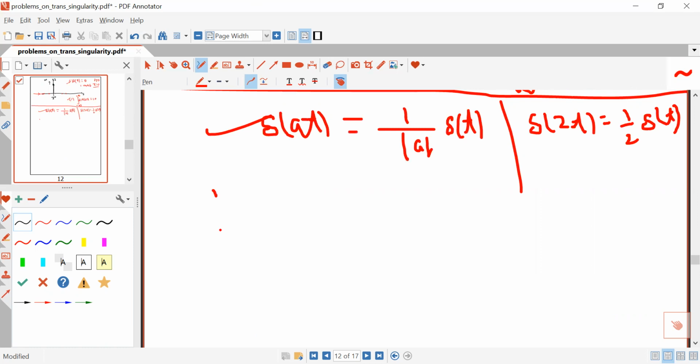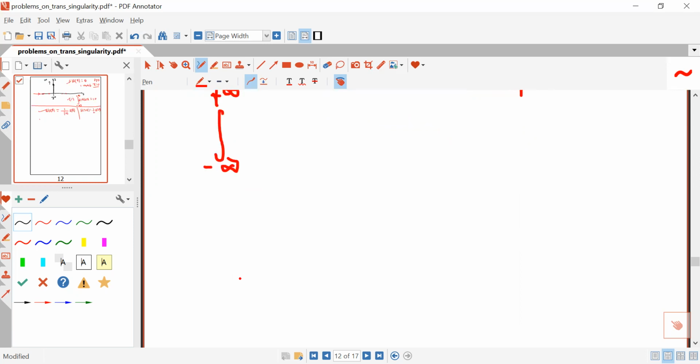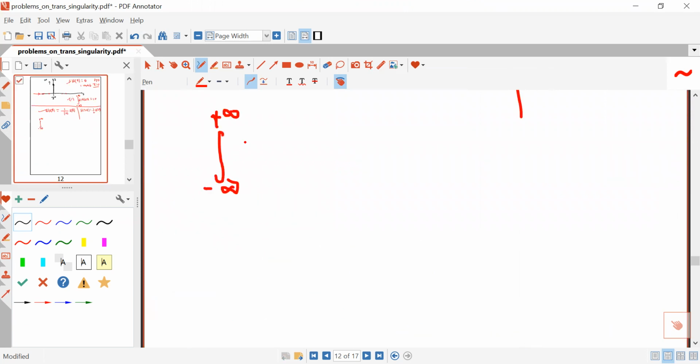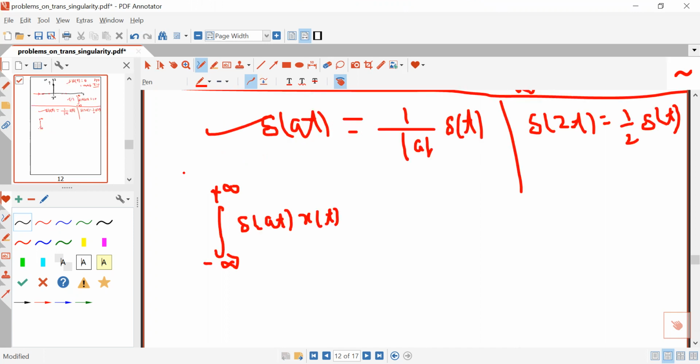To derive it, first I have considered the integration from minus infinity to plus infinity of delta at times x of t dt. And here I have assumed a is greater than 0. What will be the value of this integration?